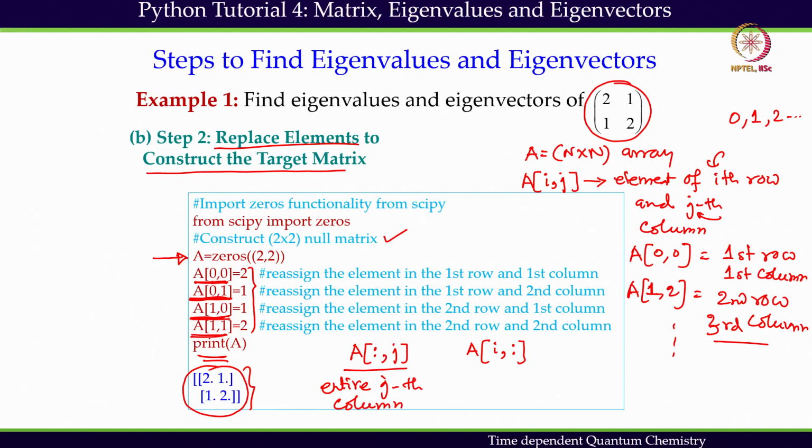So, if it is let us say 0, then I will get back the entire column, and the entire column is going to be now 2 1.